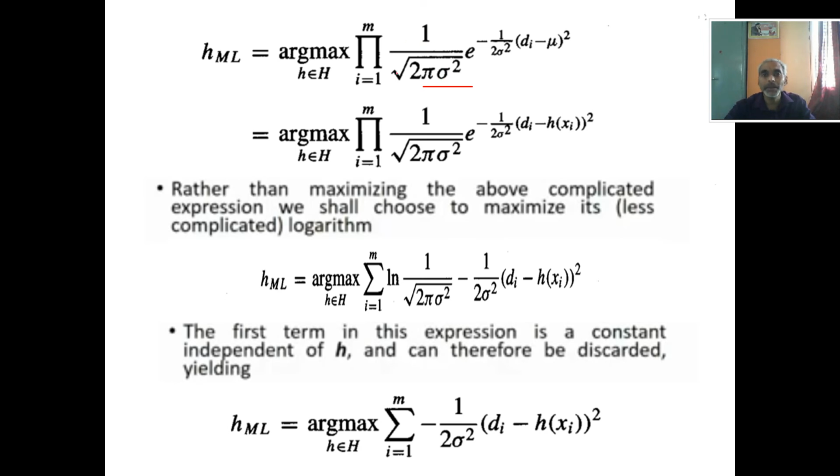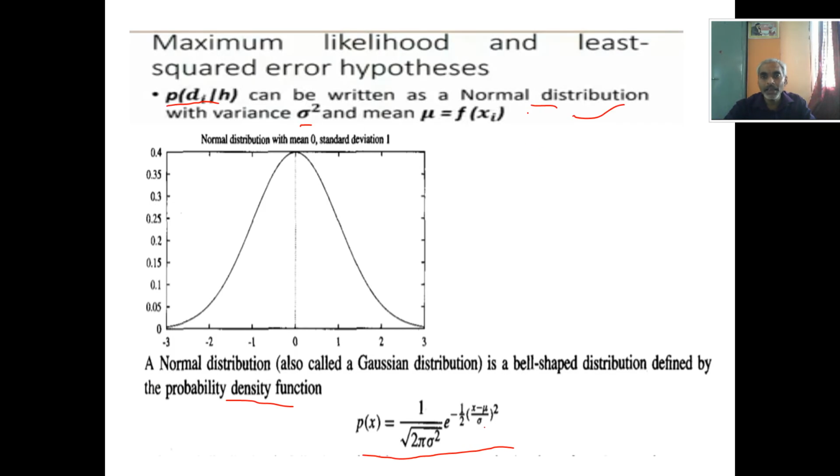What is that? 1 divided by square root of 2 pi sigma square into e to the power of minus half, 2 into sigma square, di minus mu. Now if you see where we got that di, because here it is xi minus mu. So what is this x? Now x is the input that we are having.